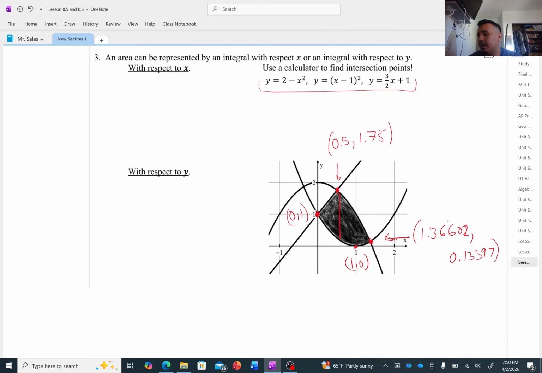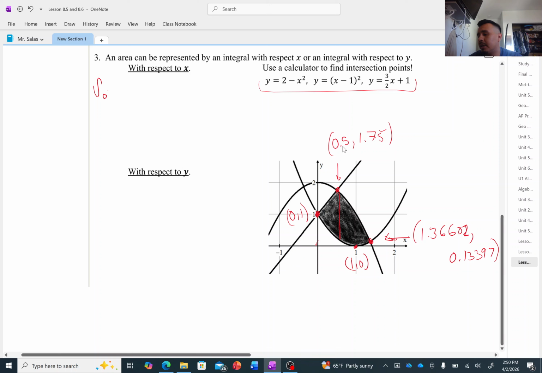So this integral with respect to x is going to be divided into 2 integrals, 1 integral and 2 integrals. Okay, so I'm going to erase the 1 and the 2 just so that way you can see it when we do the work. So let's get started. Let's set up our integrals. So let's say we got the first integral bounded from x equals 0 to... What would be the x value at this point here?